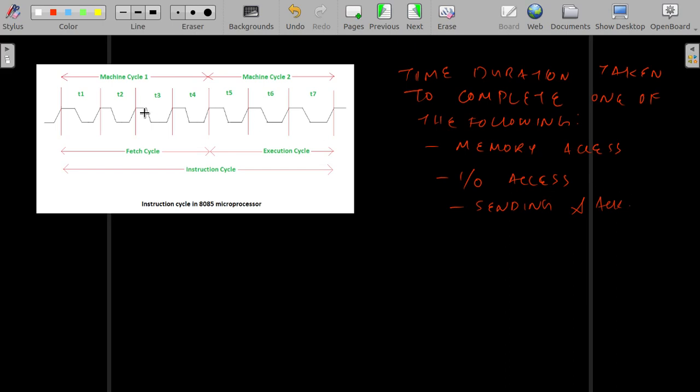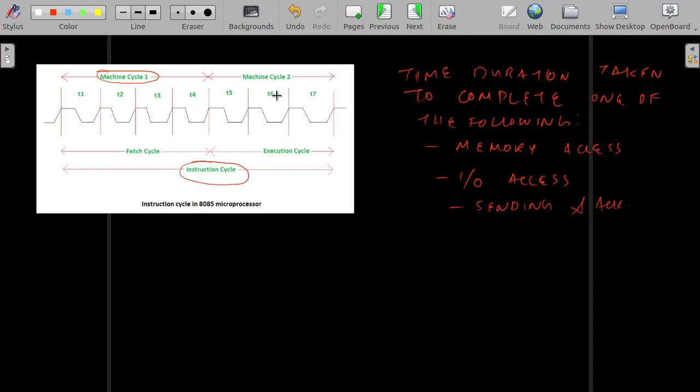Okay, so in this figure you can see that there is a fetch cycle, an execution cycle, and an instruction cycle, and the machine cycles are denoted, right? And we have given T1, T2 like that. So from this you may come to the conclusion that machine cycle is not the only thing, there is something else.